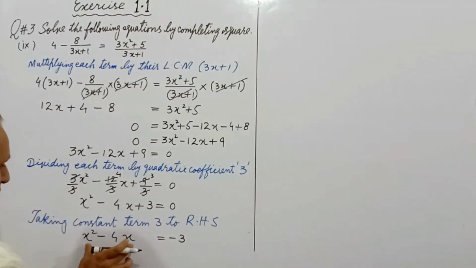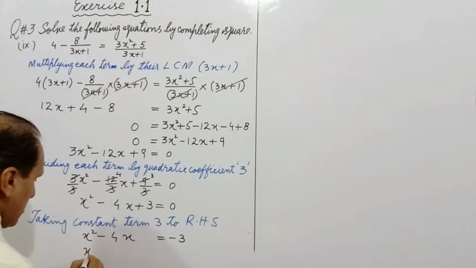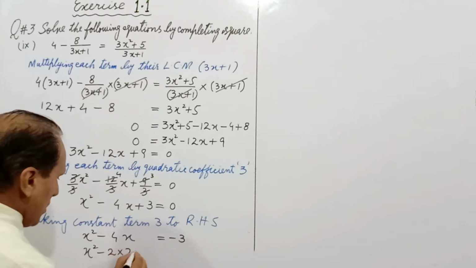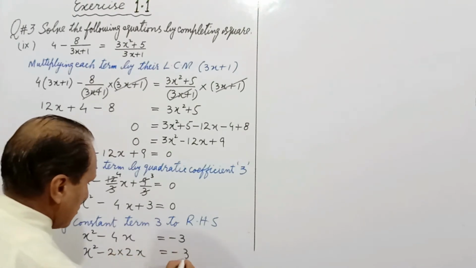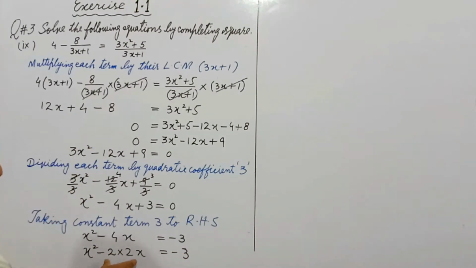We can rewrite this expression as x square minus 2 into 2x is equal to minus 3. We do this as we have to make the second term a 2-time product of the first and second value of the perfect square, as we have 2 as a factor in linear coefficient. So therefore we write like that.